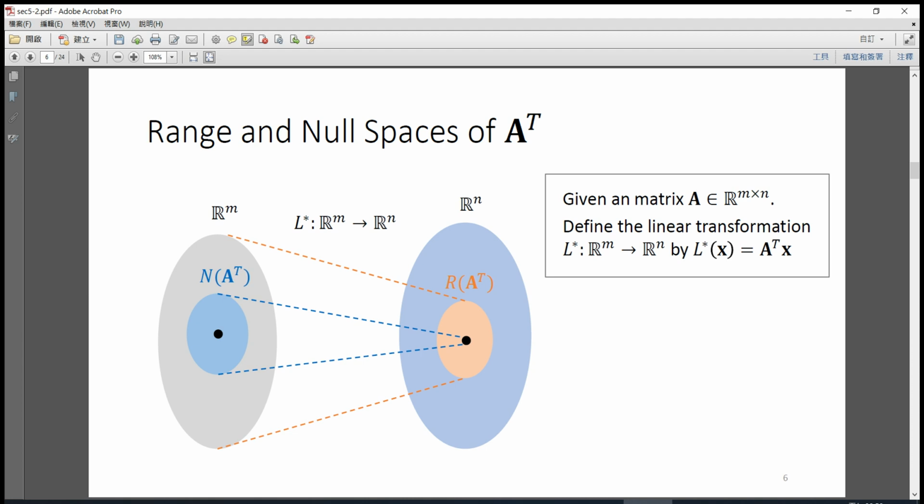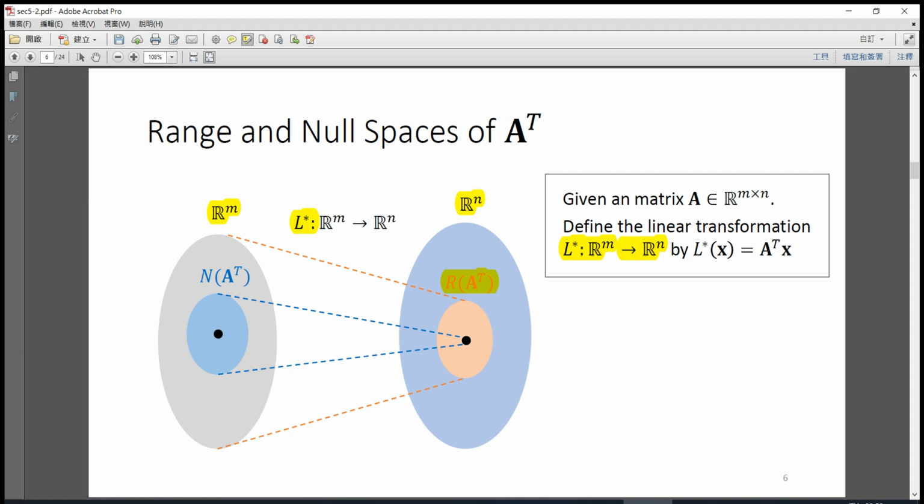Then L star is a mapping from Rm to Rn, and we know that the range space of A transpose lies in Rn because each column vector of A transpose lies in Rn, and the range space of A transpose is the image of Rm under the linear transformation L star.